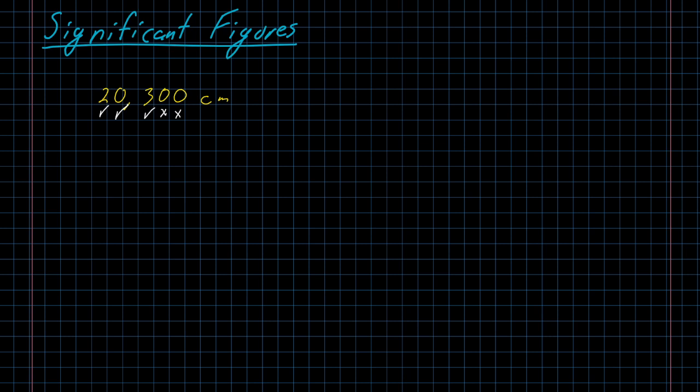A number with a decimal point has a slightly different convention. So how about 0.00507 kilometers? Once again, non-zero digits are significant.